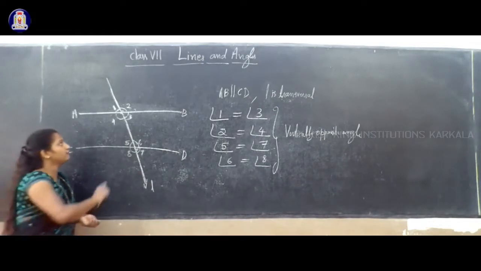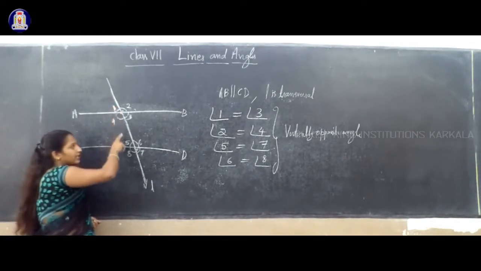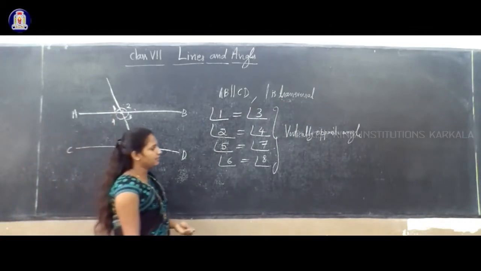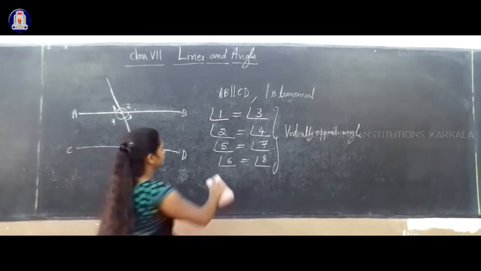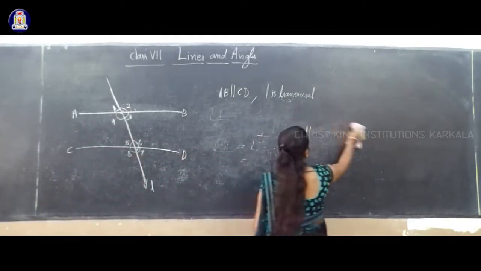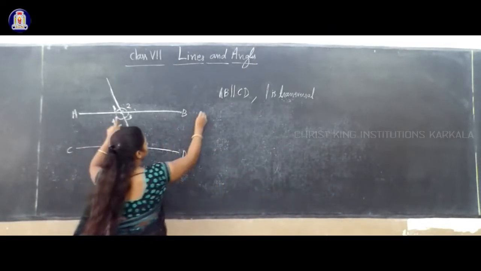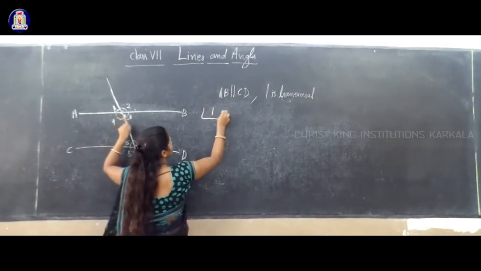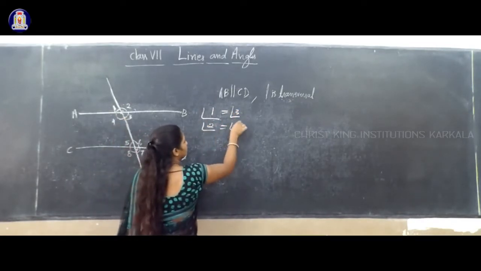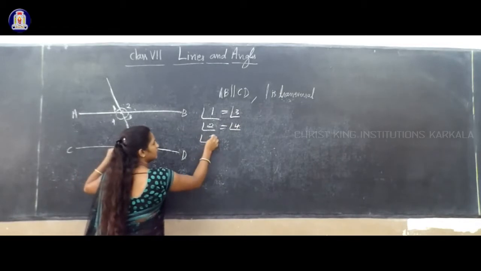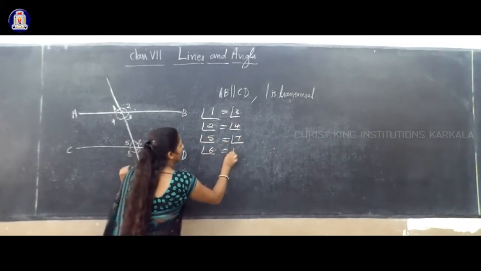Now if I consider angle 1 and angle 5, they are also equal. See, angle 1 is equal to angle 3, angle 2 is equal to angle 4, angle 5 is equal to angle 7, and angle 6 is equal to angle 8.